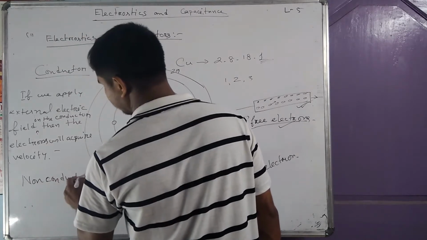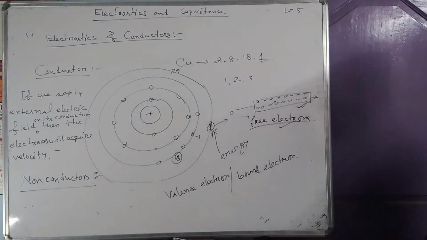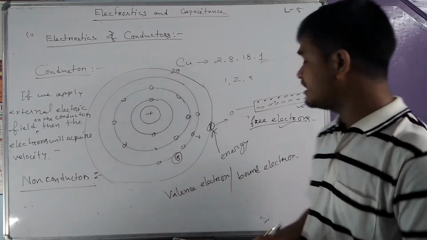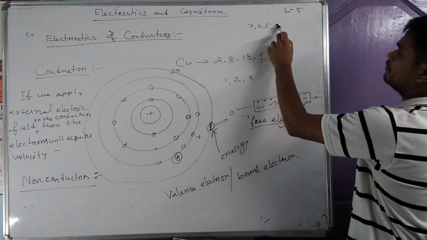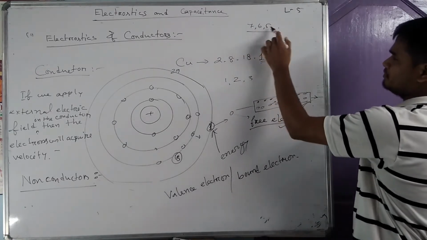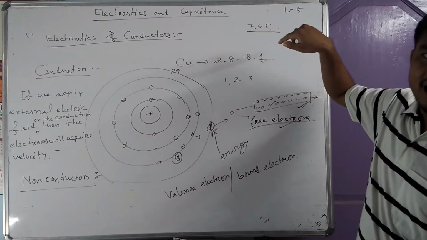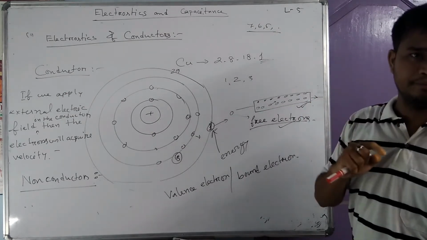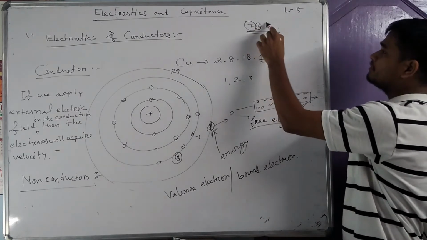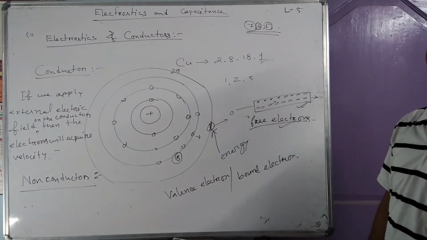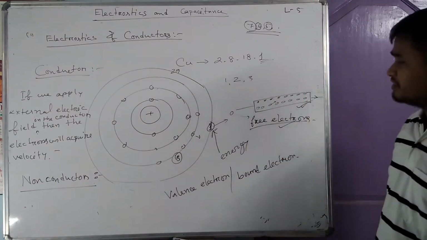What is a non-conductor? We know that generally non-metals have 7, 6, 5 or 4 electrons in the outermost shell of the atom. That is why we will not be able to move these electrons from the outermost shell, because it requires very large energy.